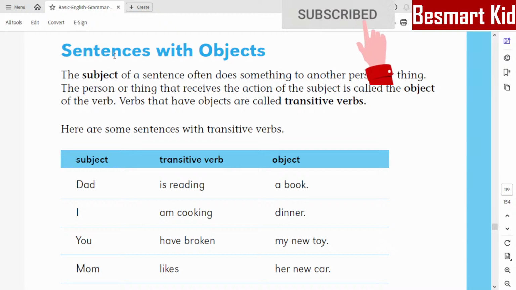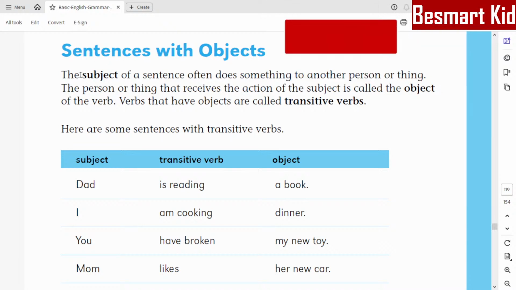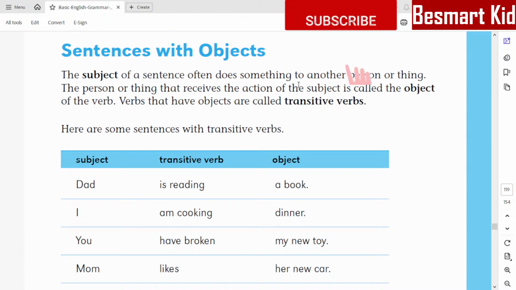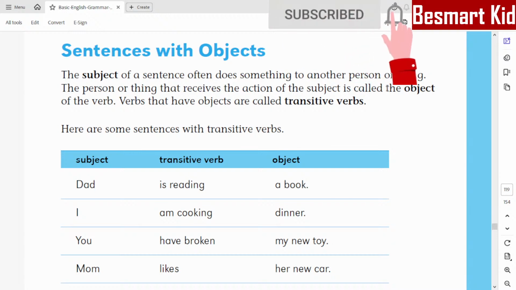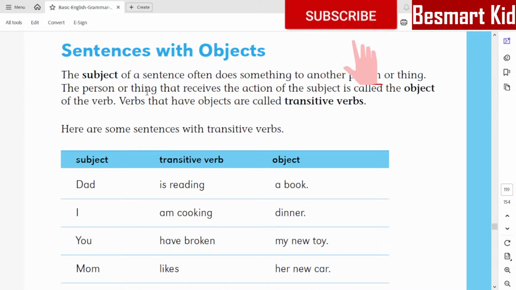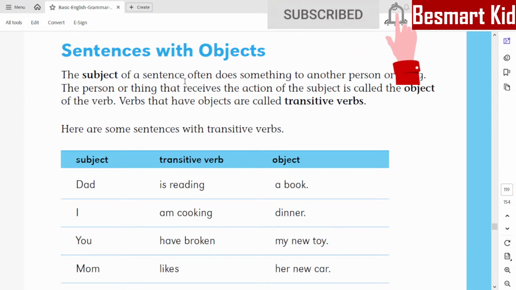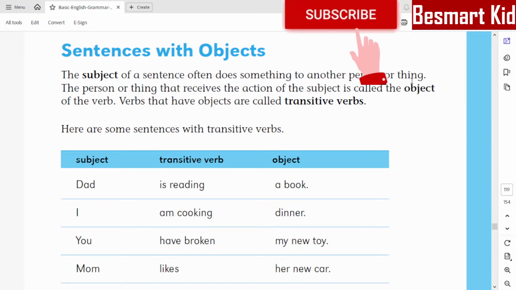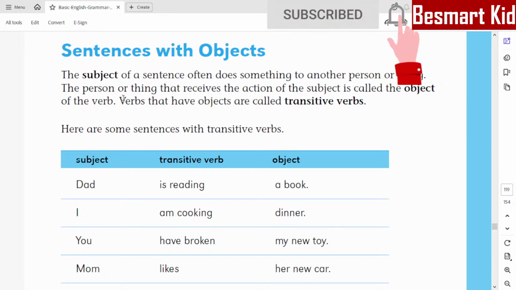Now we have sentences with objects. The subject of a sentence often does something to another person or thing. A person or thing that receives the action of the subject is called the object of the verb.